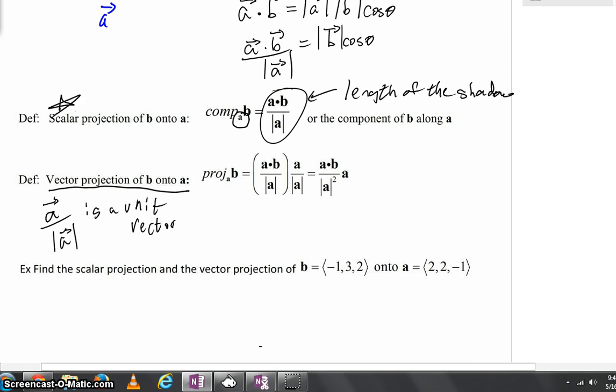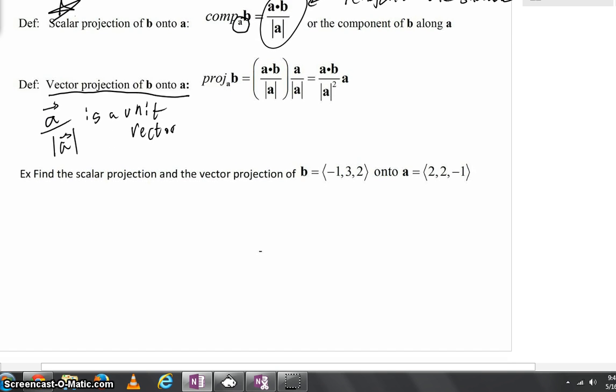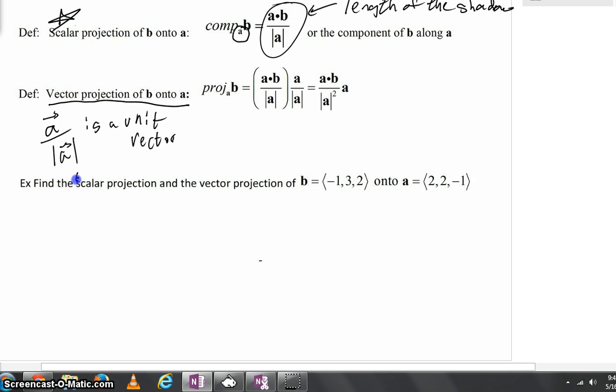I think it would be helpful for us to take a look at a specific problem. It's really two parts. They're asking us to do a scalar projection and then a vector projection of vector B onto vector A. Before we go on, though, let's take a look at the length of vector A. If I know that I'm going to go onto vector A, that denominator is going to have to be the length of vector A itself.